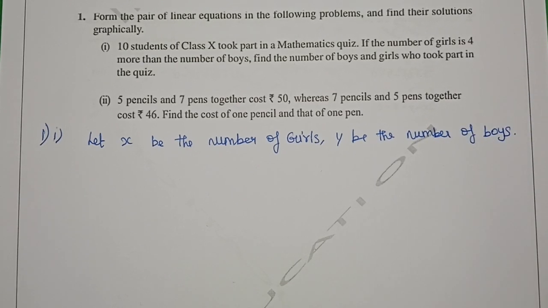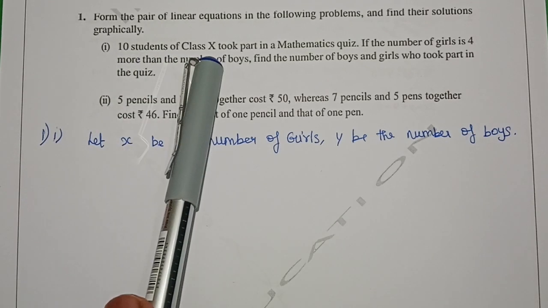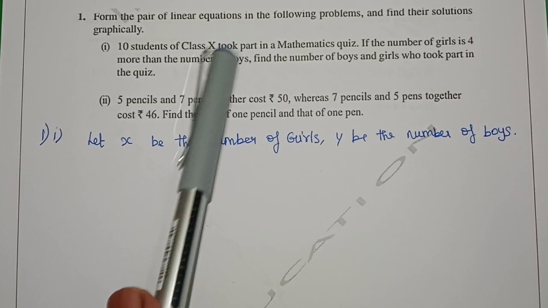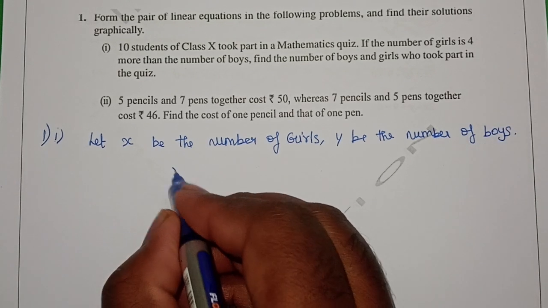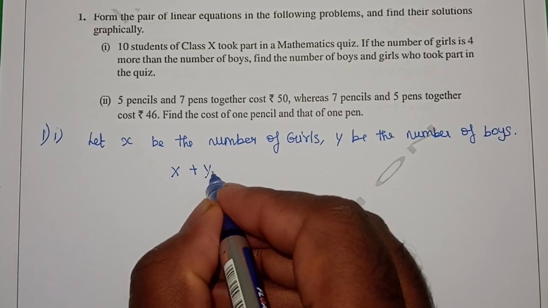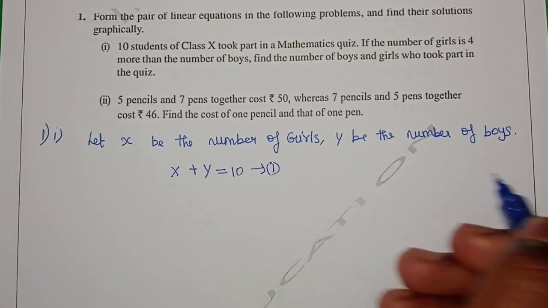We have assumed that the first equation should be: the 10 students in class 10 overall, therefore the number should be x plus y, the girls plus boys, is equal to 10. It should be equation number 1.